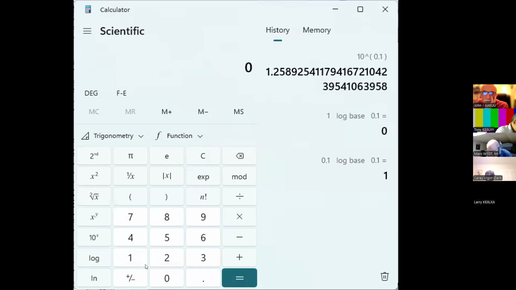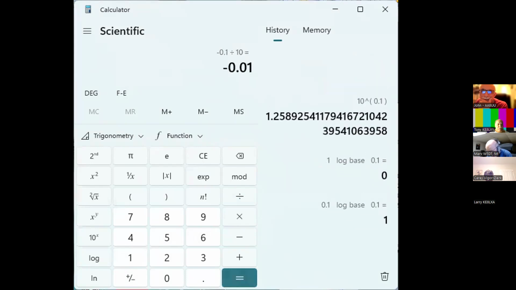So -0.1, and then you divide it by 10. Why do you do that? Well, you do it. Divide it by 10, and that'll give you -0.01.